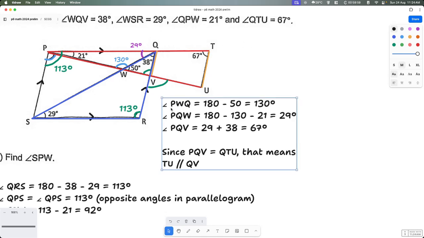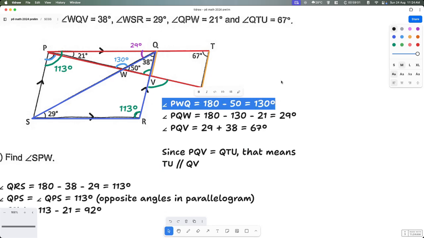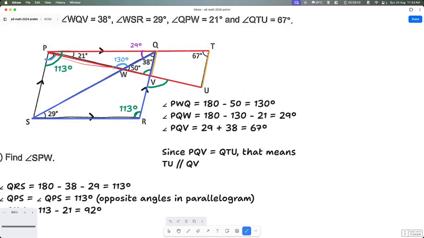Over here, we find PWQ. Why we want to find PWQ is because if we are able to get PWQ, we are able to get PQW, and then from here we can combine the purple angle with the 38 degrees angle and see whether this is equal to 67 degrees.